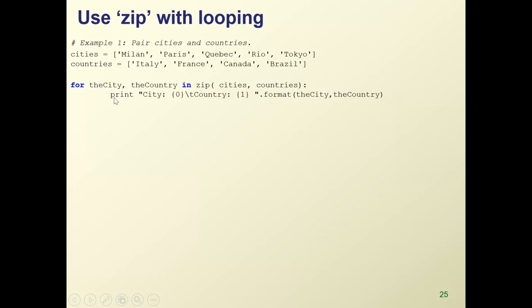We want to format the cities and countries in a fashion that lines them up together. We have 5 in the first list and 4 in the other, but because we know the shorter list is going to be the length of the resulting list, we'll only end up with 4 results. So see if you can predict what this loop is going to print.